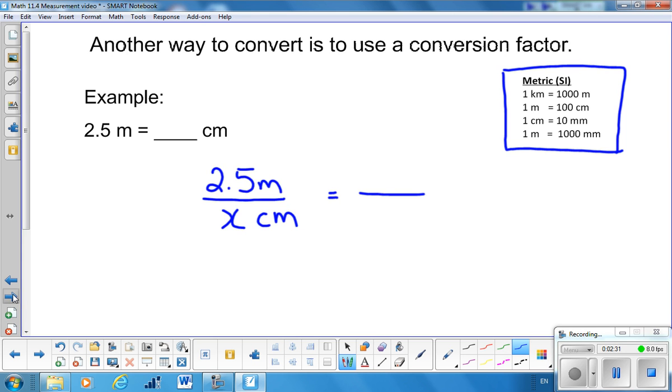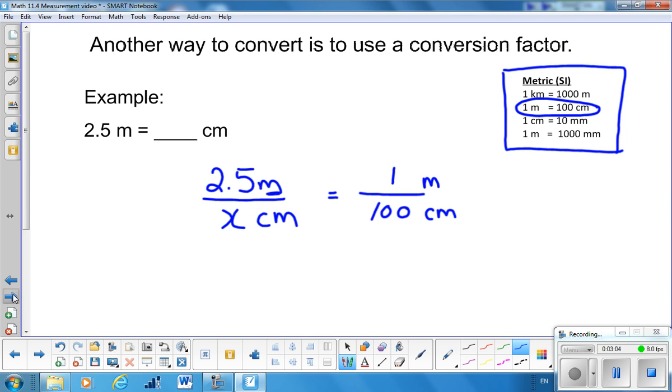On the other side of the equal sign, I need to put a conversion factor that relates meters to centimeters. My chart tells me that 1 meter is 100 centimeters. I need to make sure that meters is on top because that's what I started with on the left, and centimeters goes on the bottom. So my conversion factor says that 1 meter is equal to 100 centimeters.